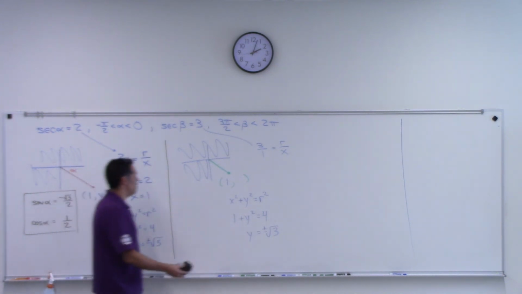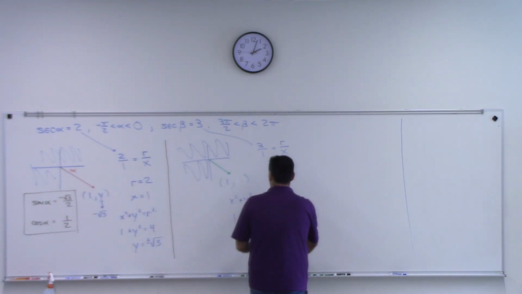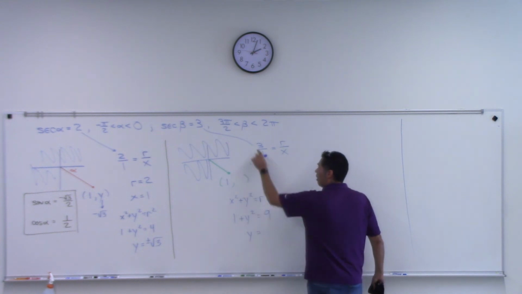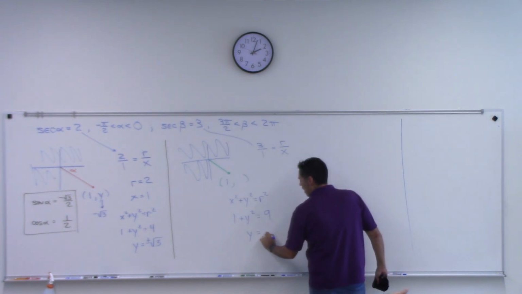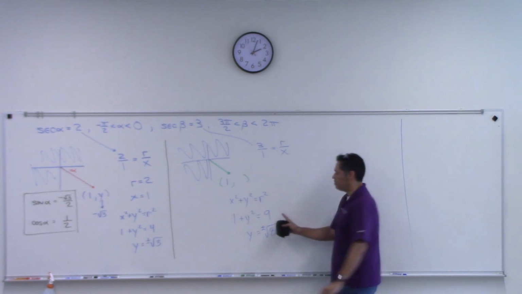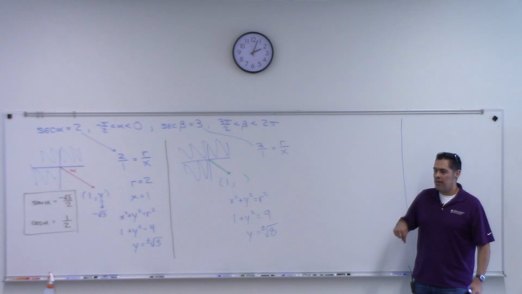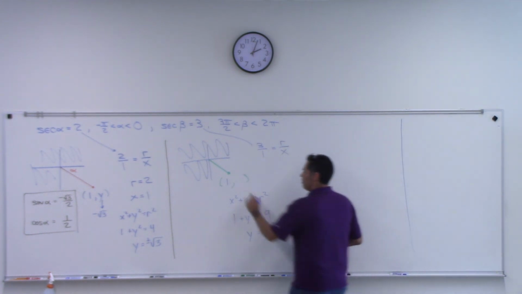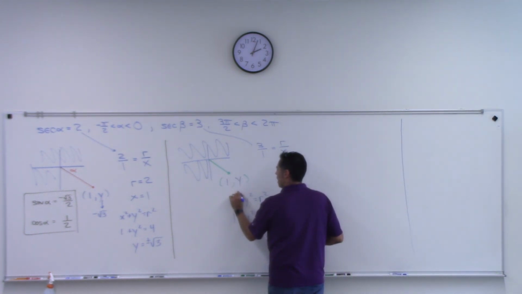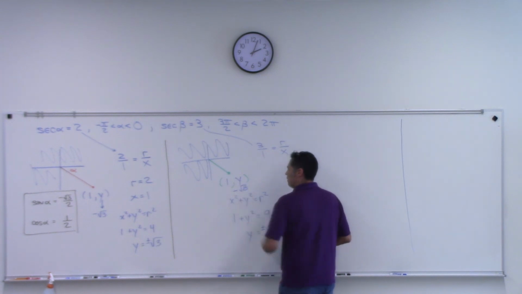Oh, it's 3 squared. Oh, that's right. Okay, sorry. It's 9 here. I messed that up. R squared, 3, 9, so it's 8. So plus or minus root 8, subtracting 1. And then because we're in the 4th quadrant, that y coordinate needs to be negative. So this y would be negative root 8.